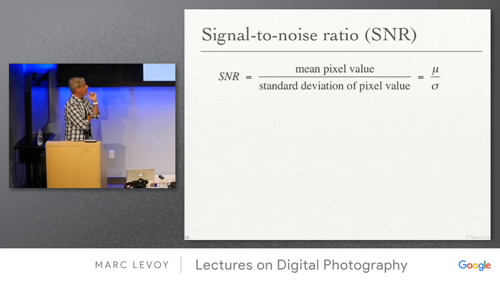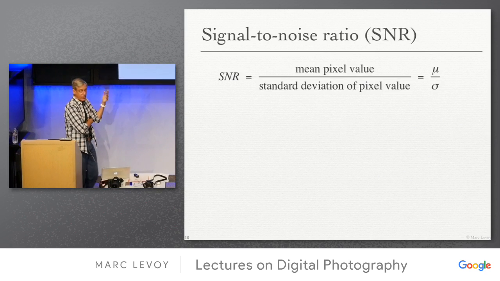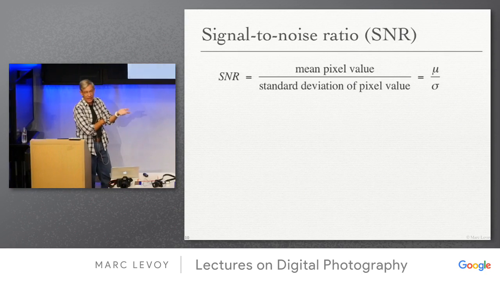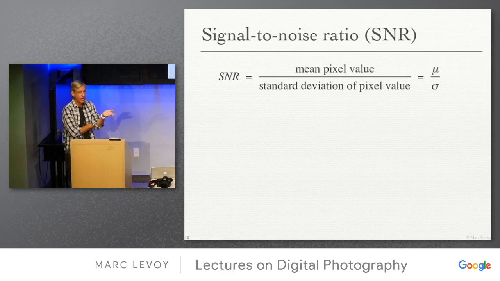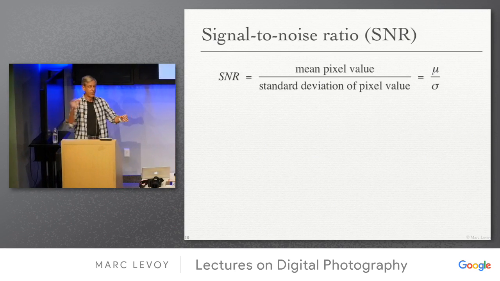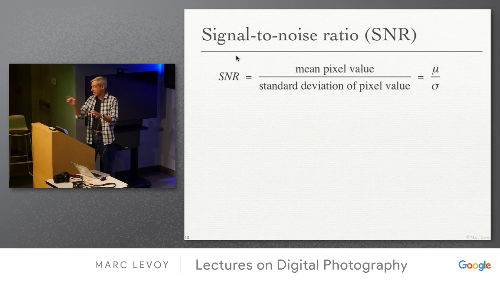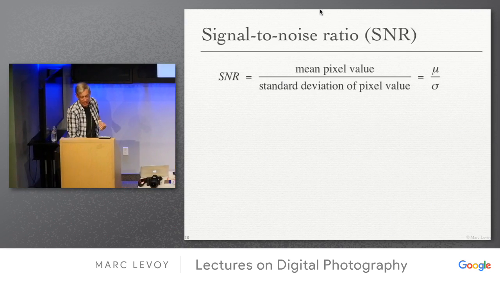So here is how we would define how clean an image looks, the signal-to-noise ratio. And it's very simply going to be the ratio of the mean pixel value, which is the number we read off a sensor, to the standard deviation of that pixel value between pixels or across multiple exposures. And so that's just going to be mu over sigma.